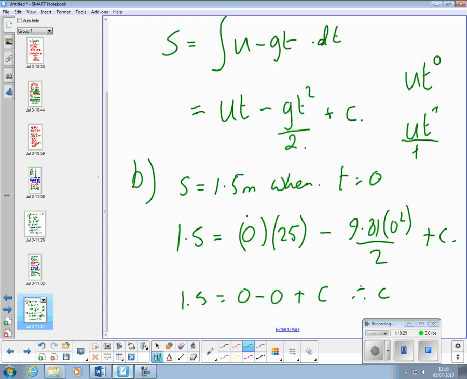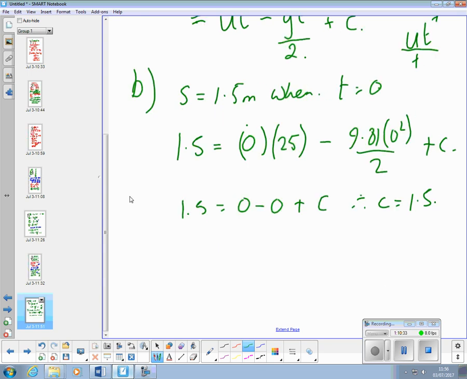Therefore, c is equal to 1.5. So that constant of integration is the initial height it starts from.